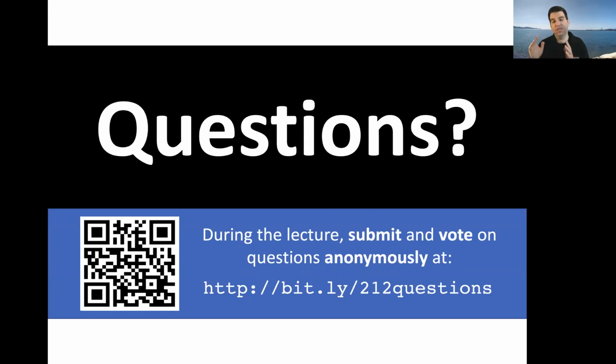Or if you want a more anonymous way to give questions, you can go to this website down here, and that'll open up a meeting pulse room where you can put in anonymous questions that I will do my best to monitor during the class. And if you see other people's questions, they can vote on those questions and vote them up or down. And if I don't get to a question during the class, then I will do my best to post an answer on the discussion board and on Slack after the class once I get a chance to take care of it.